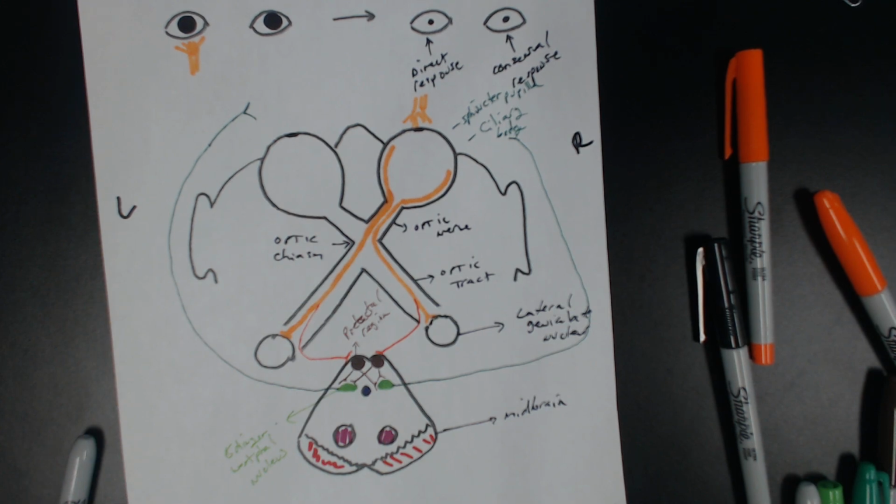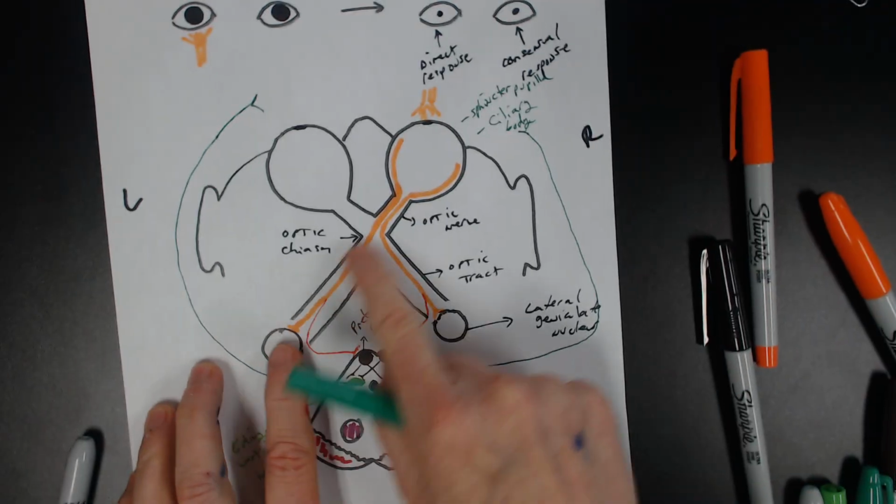Question, Alex? Yeah, I forget when we learned this, but it didn't synapse in the pretectal region. Like, do people still constrict, since it's still going to the lateral geniculate? So no, this doesn't have anything to do with pupillary constriction.